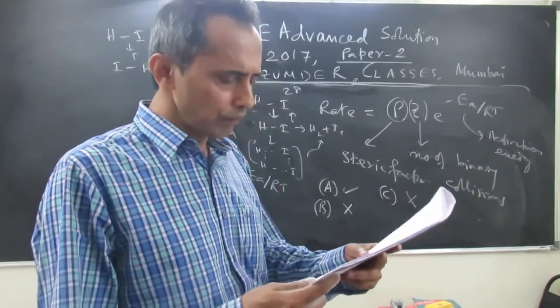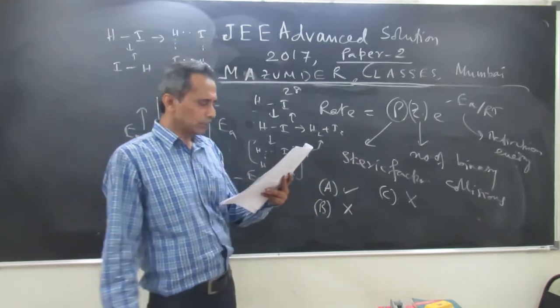And then D: the value of the frequency factor predicted by Arrhenius is higher than that determined experimentally.